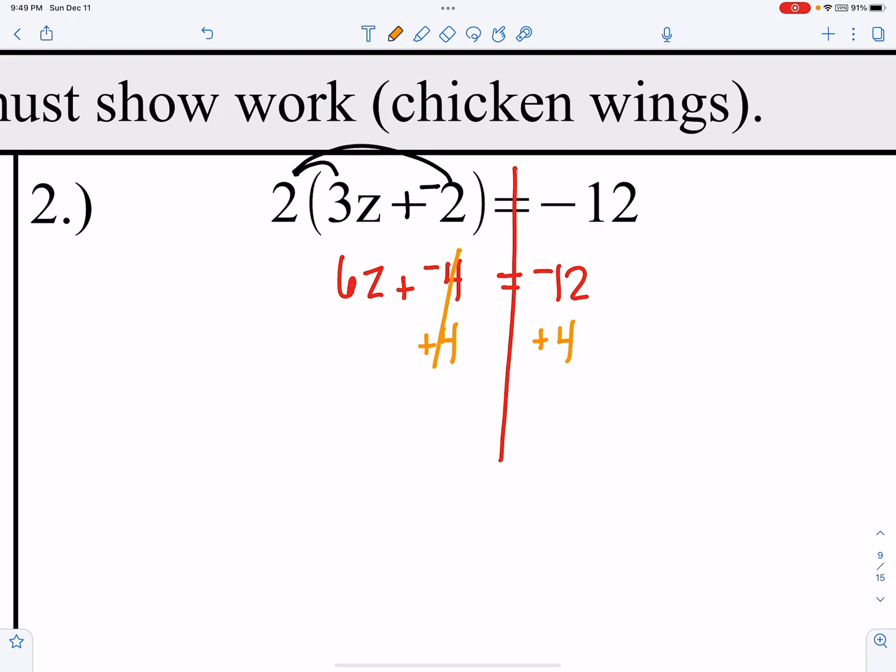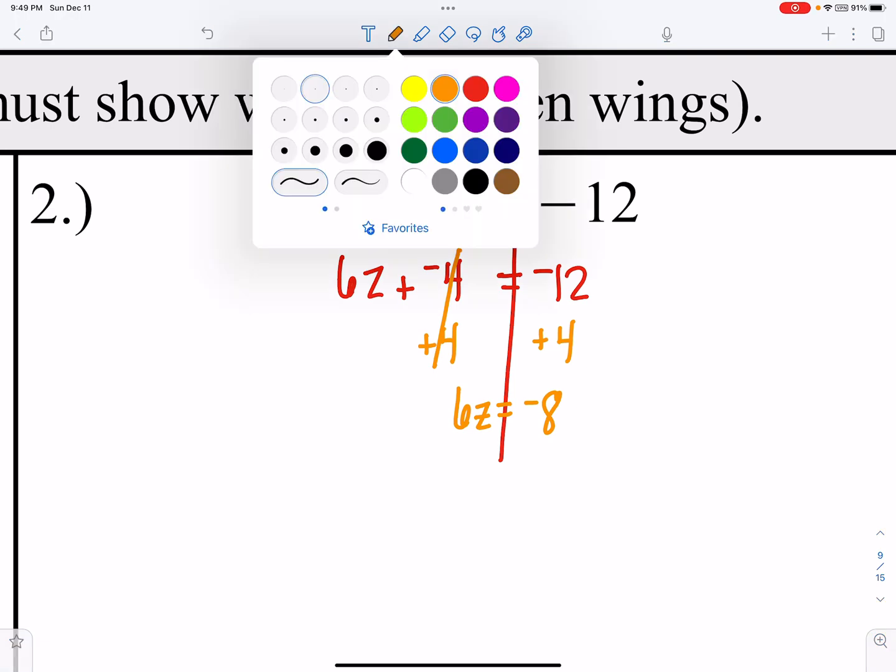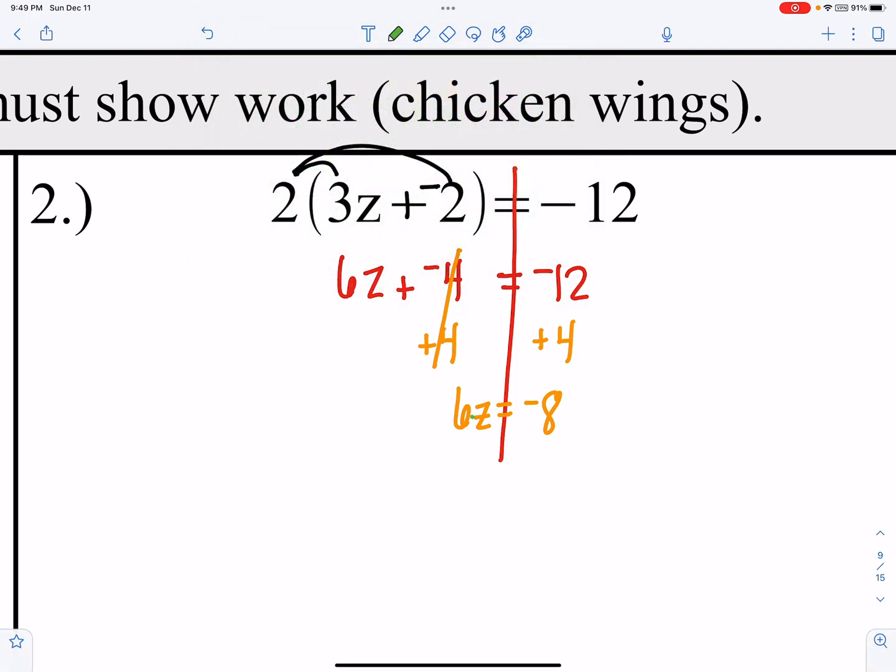That creates a 0 pair, so I end up with 6z equals negative 8. And then I can go ahead and notice that we have a z times 6, so I can divide 6 on both sides and end up with z equals negative 8/6.